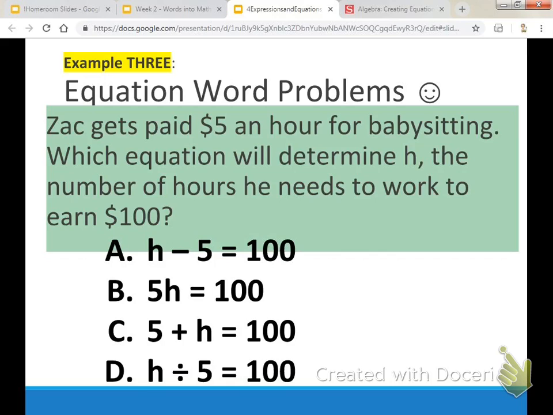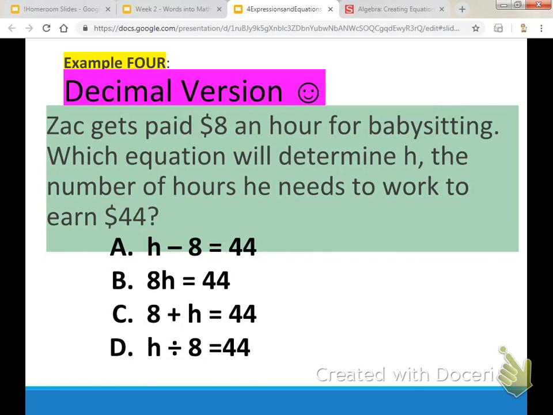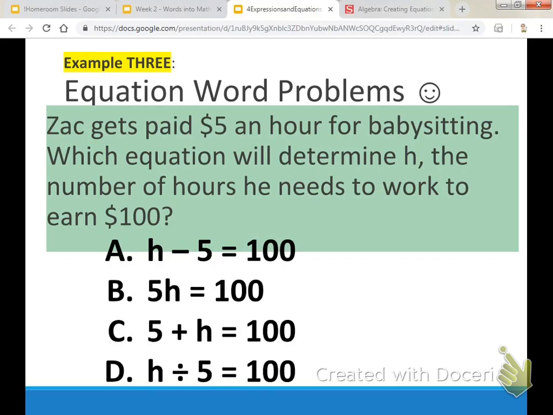So, that key word was per. It is $5 per hour, and per means to multiply. So there we go. $5 per hour. So $5 times the number of hours. Okay?